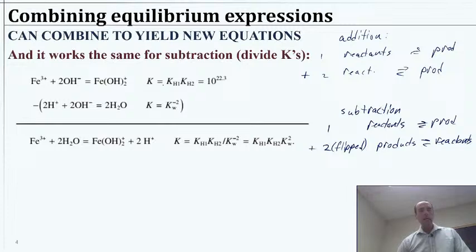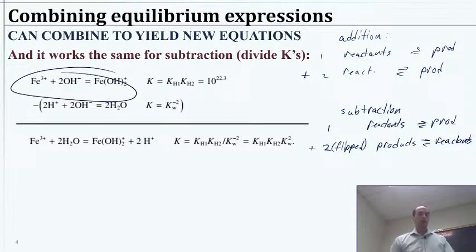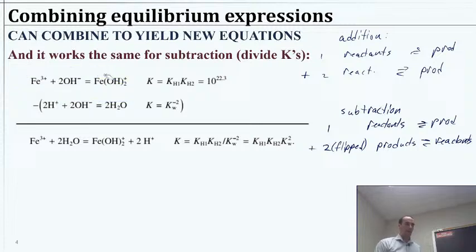So in this example, the first reaction is the one we just talked about. We have Fe3+. This is actually from the previous slide, right? We had combined these two to get our new K for the overall equation of Fe3+ in equilibrium with this FeOH2+.